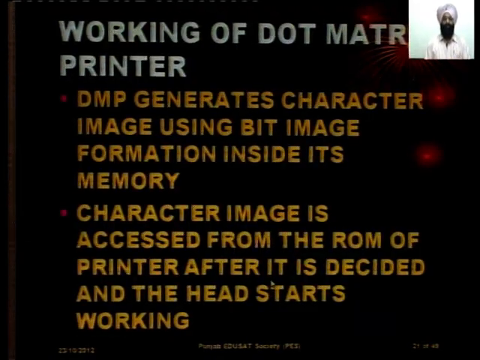Now, the working of a dot matrix printer. The dot matrix printer generates character images using bit image formation inside its memory. The character image is accessed from the ROM of the printer after it is decided, and the head starts working.